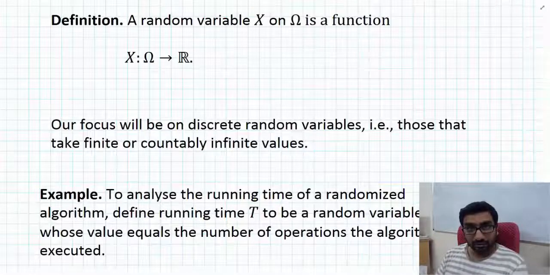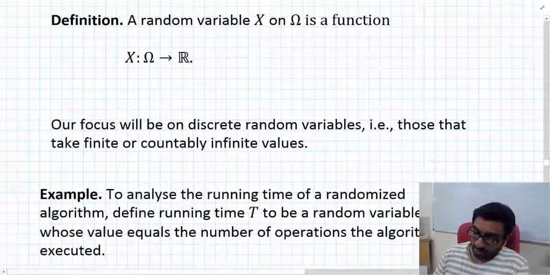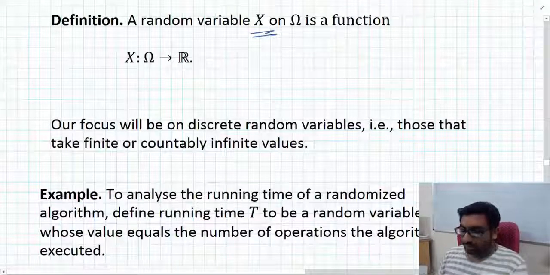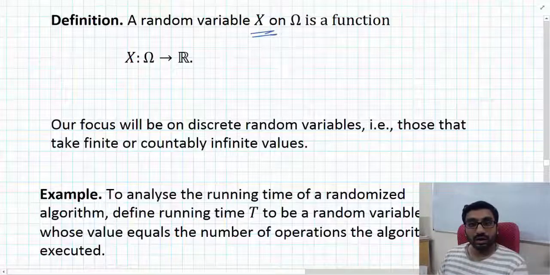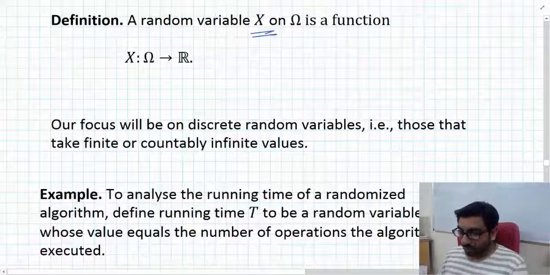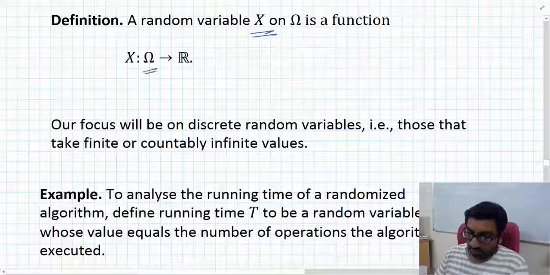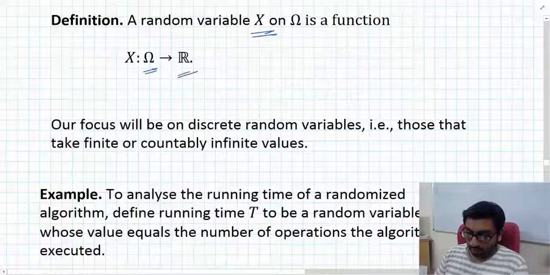So let's look at the definition of a random variable. A random variable, X, on a sample space omega, is a function, and this function maps omega to real values.